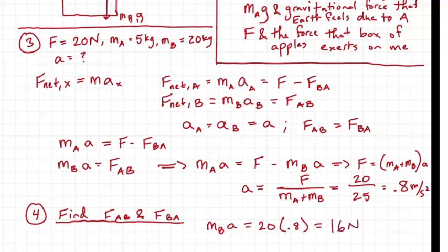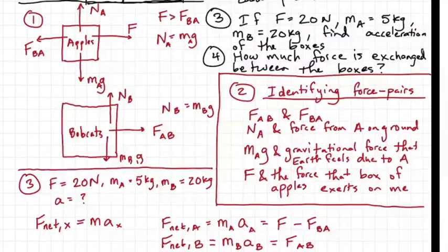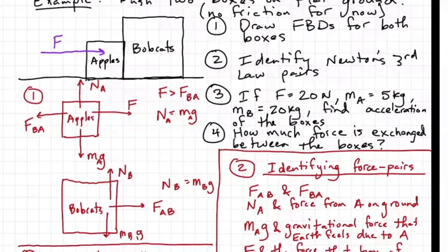All right, let me box some of this stuff. Which is equal to FAB and FBA. So that's how much force is exchanged between the two boxes. The Apple box pushes on the Bobcat box with 16 newtons of force and vice versa. All right, so if we look back up at our original free body diagrams, this force is 20 in this problem, this force is 16.